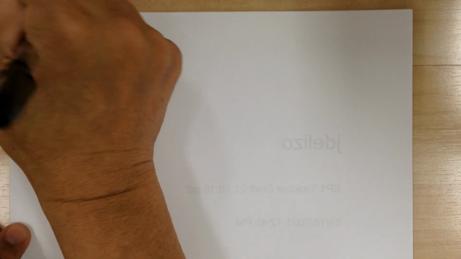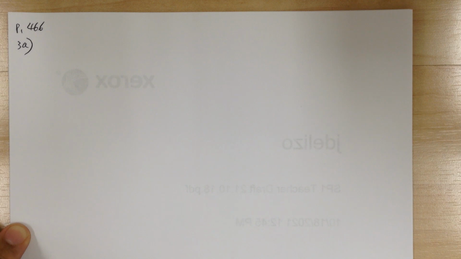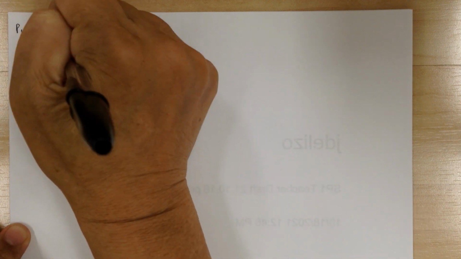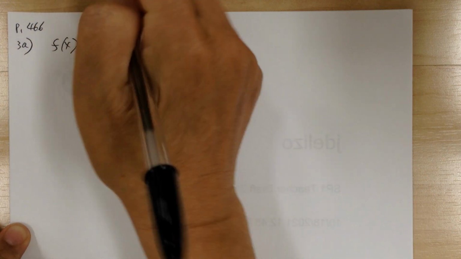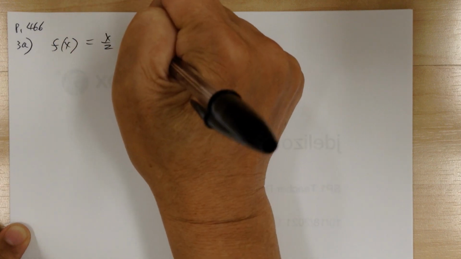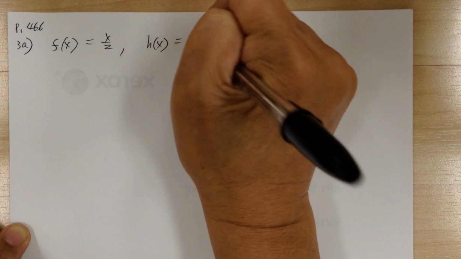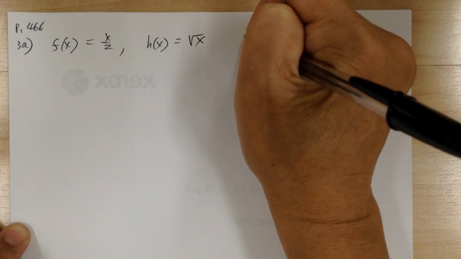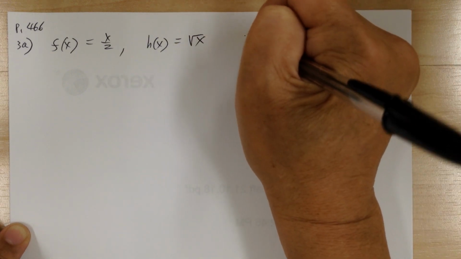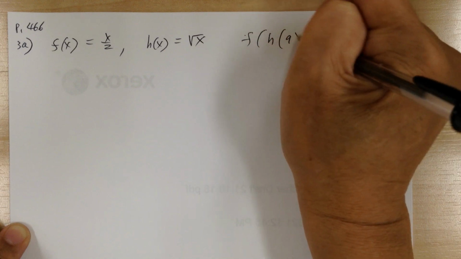Okay, let's go to number 3. This one uses the f function and the h function. So f of x equals x over 2, and the h function equals square root of x. You're looking for f of h of 9.